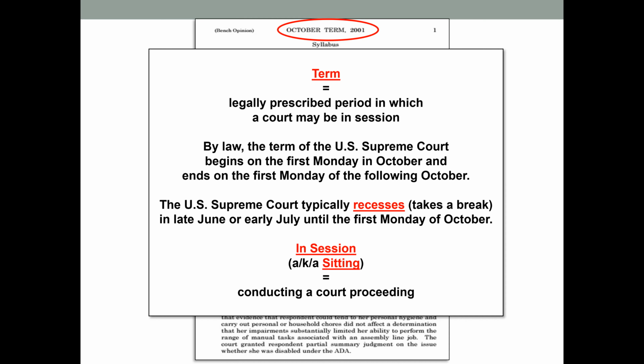But for our purposes, I just want you to know that by law, the U.S. Supreme Court has an official term, which is 1 year long, October to October, in which it may be in session, and it typically recesses and takes a break during the last 3 months. Okay, so we now know that this opinion was issued during the October term 2001. That is the term beginning in 2001.